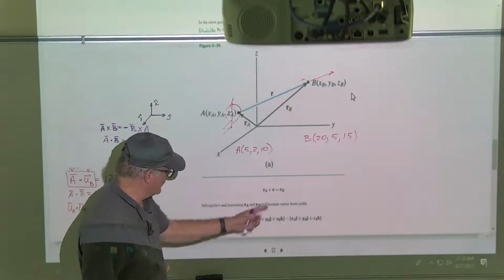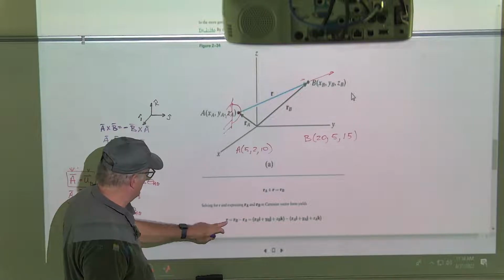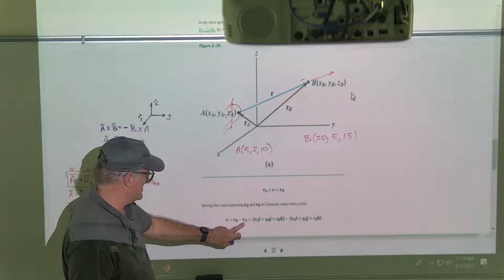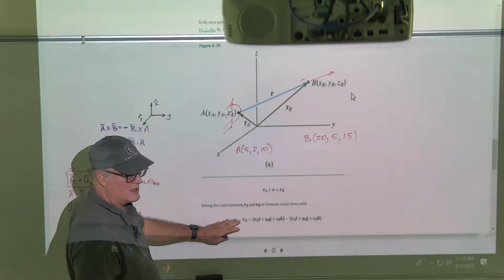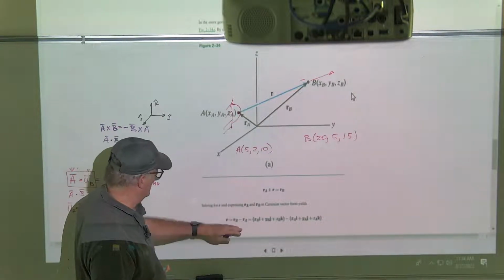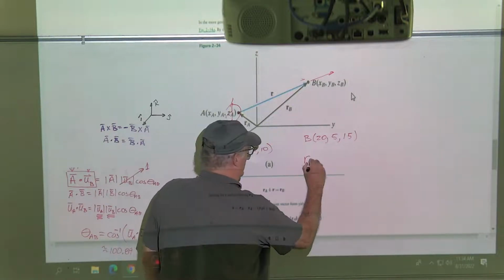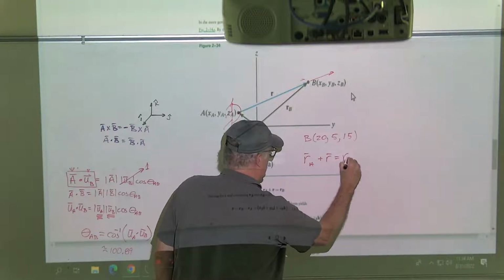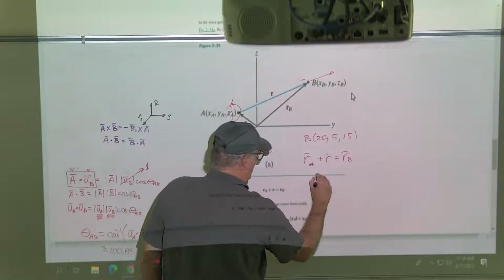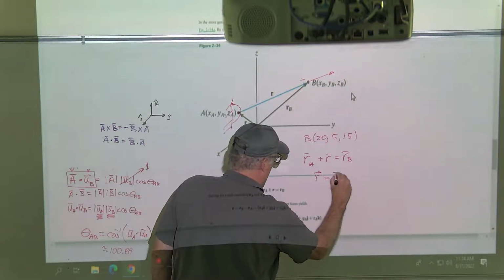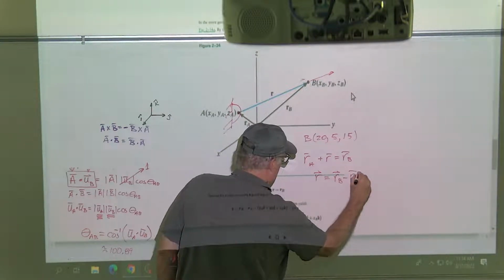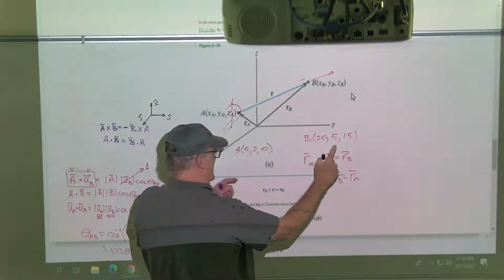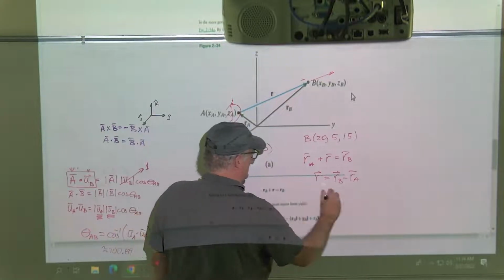So what you're going to do is find the R vector, which is B minus A. I know that's kind of hard to read, but I can zoom in in a second. Since the equation was RA plus R equals RB, you're only interested in R, so you're going to say RB minus RA. If I take that minus that, I get 15I.